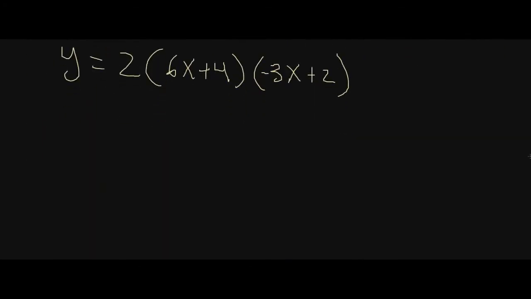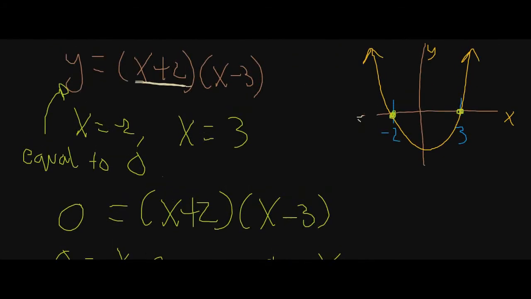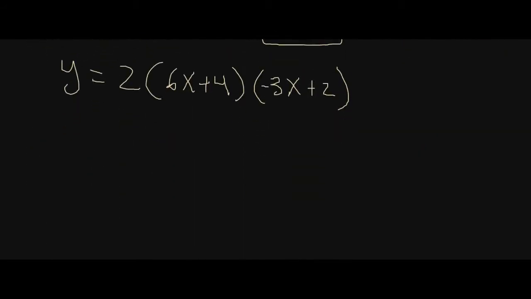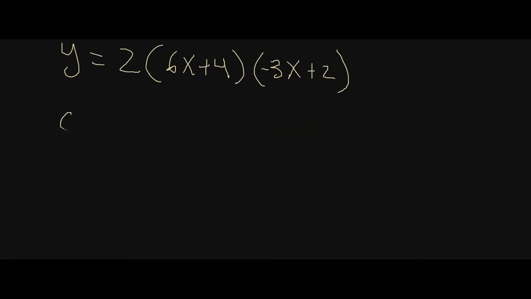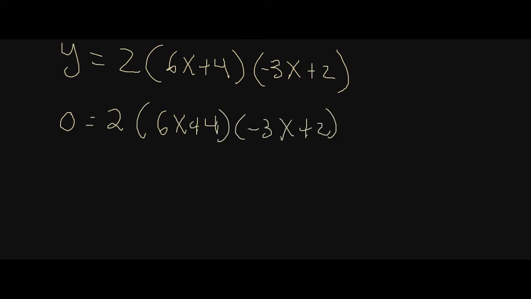So now we can actually just proceed to solve this how we did before, right? Our roots will always happen when y is 0. So we're going to set this equation equal to 0. We're going to get 0 equals 2 times (6x plus 4) times (negative 3x plus 2). Now we have this. Well, what do we do?